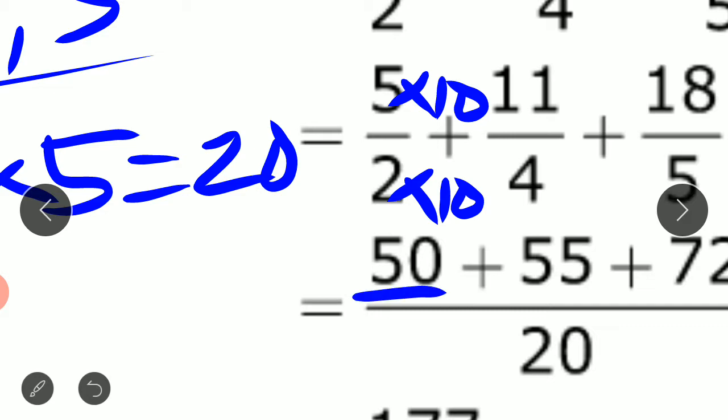Then take the second fraction, 11 by 4, with denominator 4. With 4, what is to be multiplied to get 20? 5, 4 5s are 20. With the same factor 5, multiply the numerator 11. 11 5s are 55.